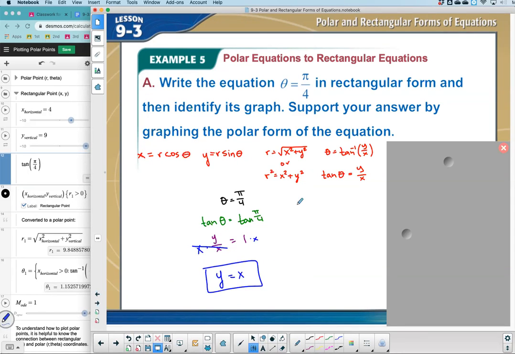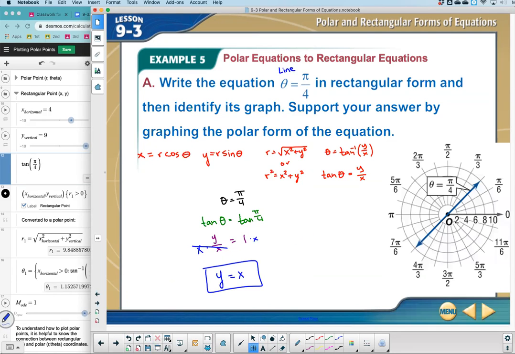This is an equation of a line. Here it is, y equals x, a line with a slope of 1, going up 1 over 1. In case you didn't catch it, I did a substitution: tangent theta is y over x, and that's where the y over x came from.